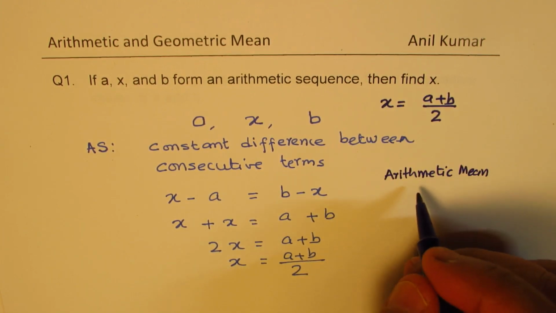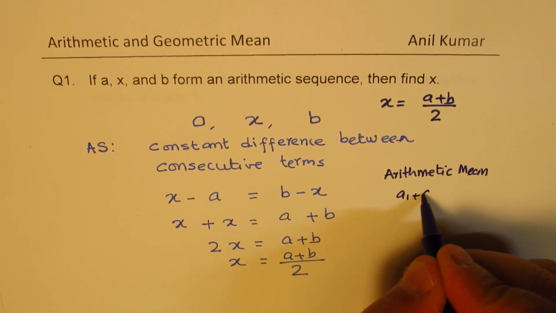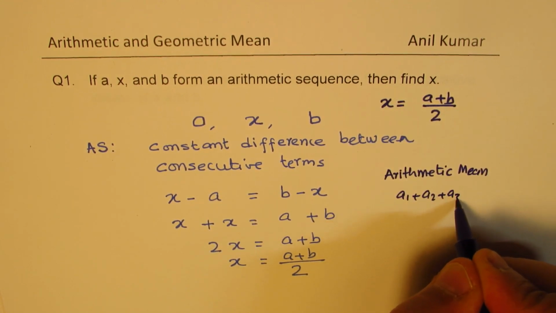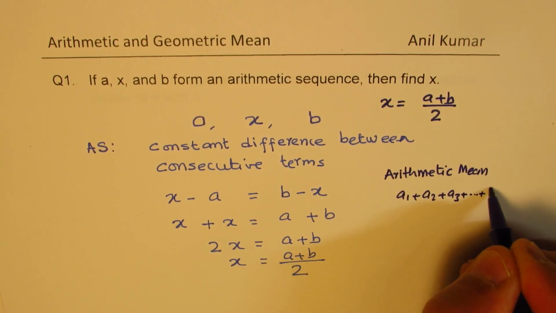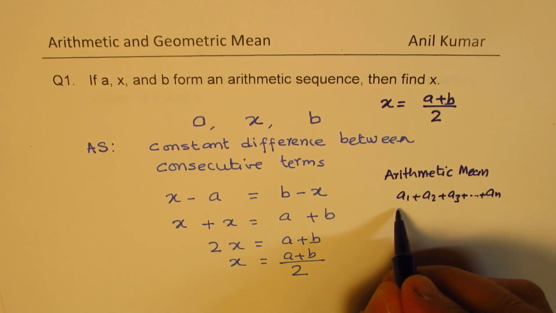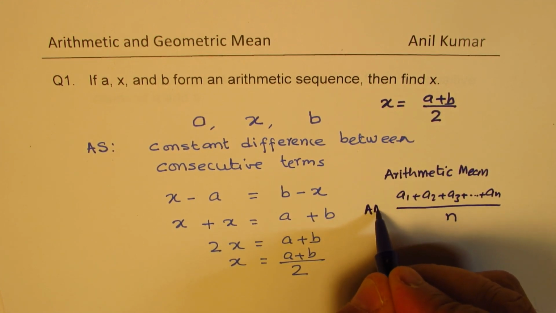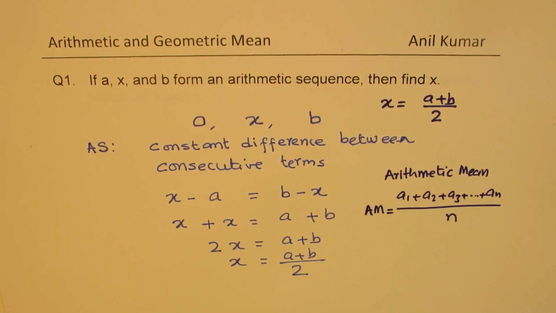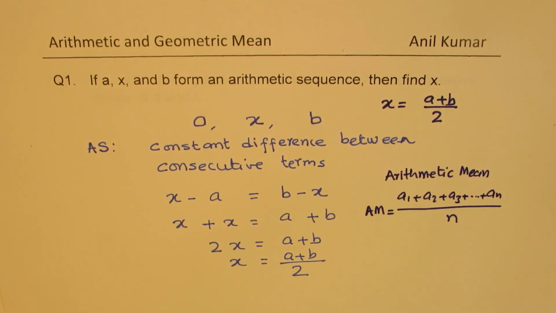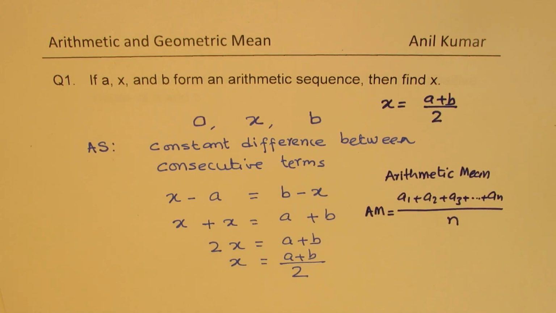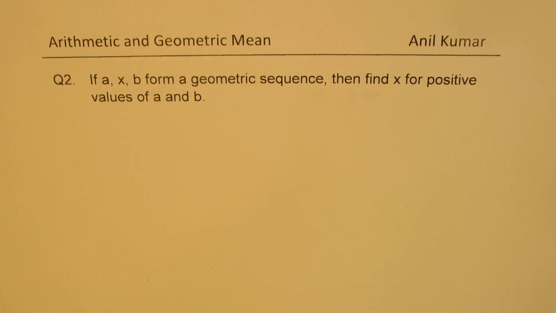That means if we have terms like a1 plus a2 plus a3 till, let's say, an, then their sum divided by the number of terms is what the arithmetic mean will be equal to. Clear? So that is the general definition for arithmetic mean, and this is the basic concept, correct? So basically add the 2 terms and the middle term is the average of those 2. Perfect. Now let's see what geometric mean is.